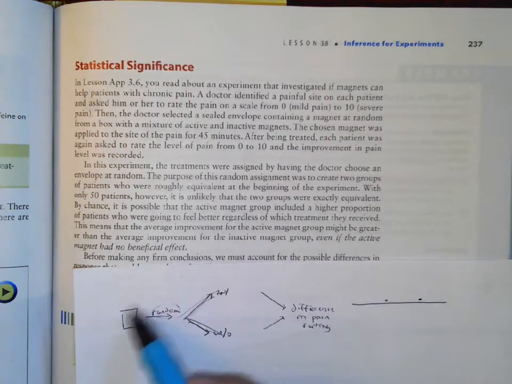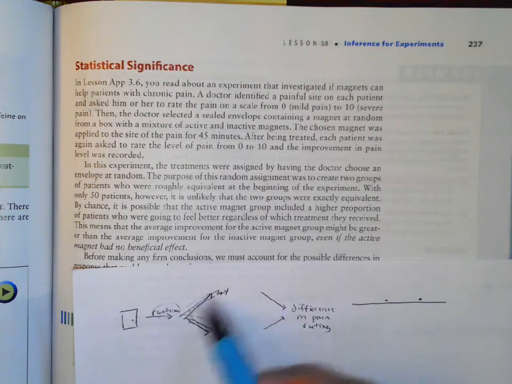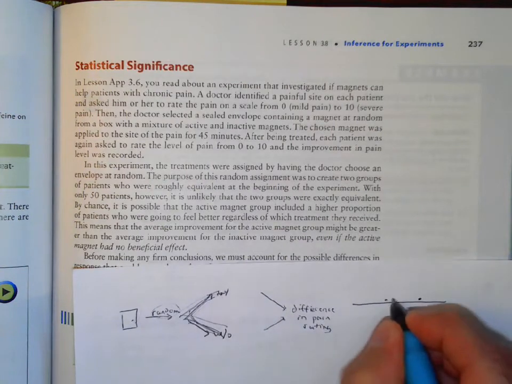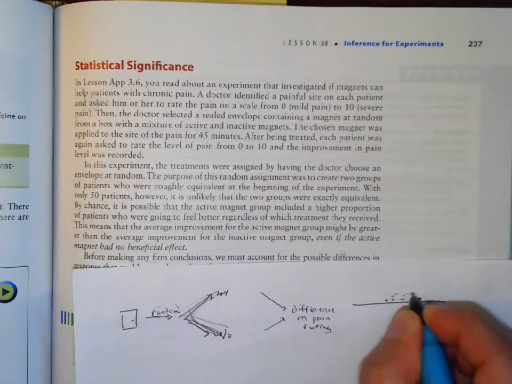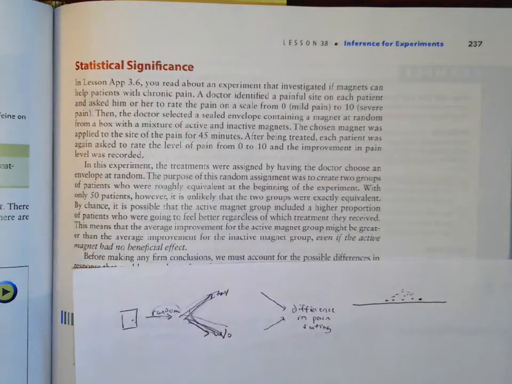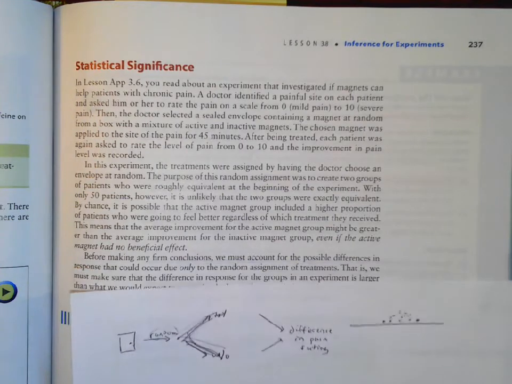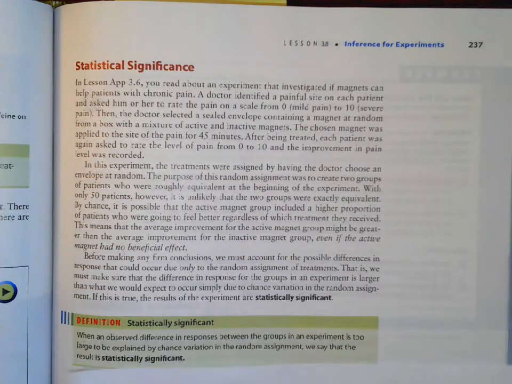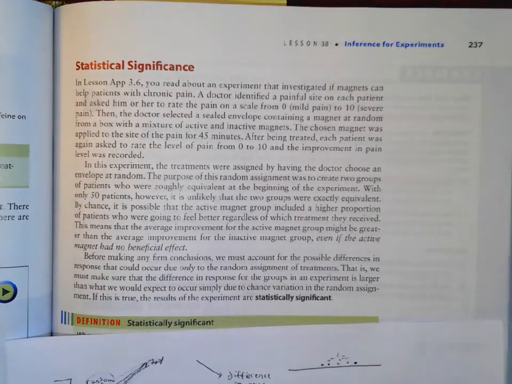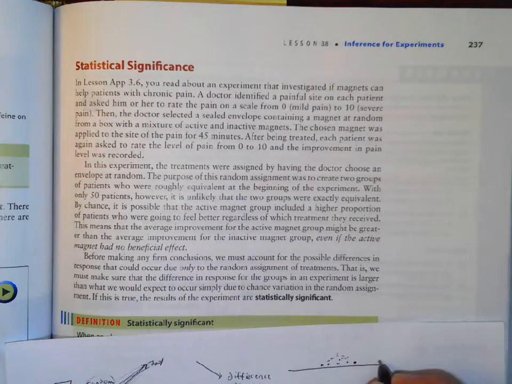So every time I randomize these people into these two groups, I get different groups, and I might get different results, just by chance, by which group they're in. So we have some variability here in our results.